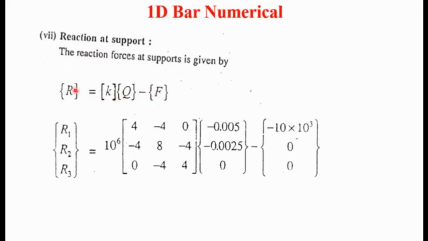So the reaction matrix R equals R1, R2 and R3, the reactions at nodes 1, 2 and 3. This equals 10 raised to 6 times the global stiffness matrix K, [4 -4 0; -4 8 -4; 0 -4 4], into the Q matrix, Q1, Q2 and Q3, whose values are 0, -0.005, -0.0025 and 0, minus the force vector F, where F1 is -10 into 10 raised to 3, F2 is 0 and F3 is 0.